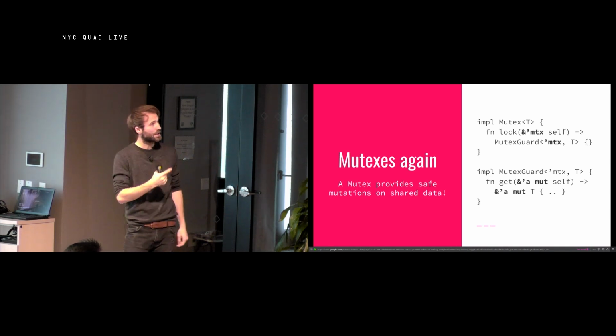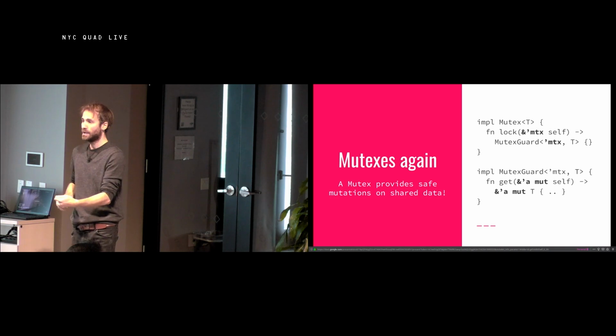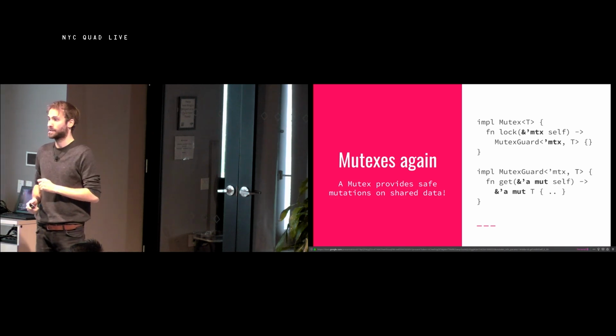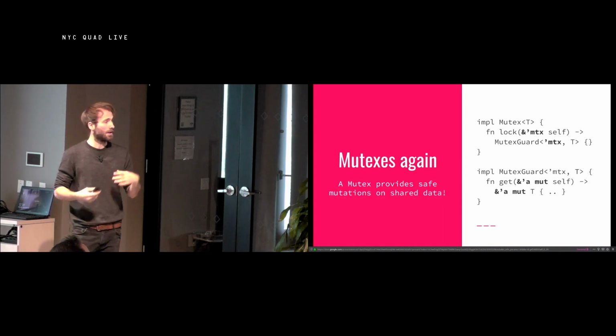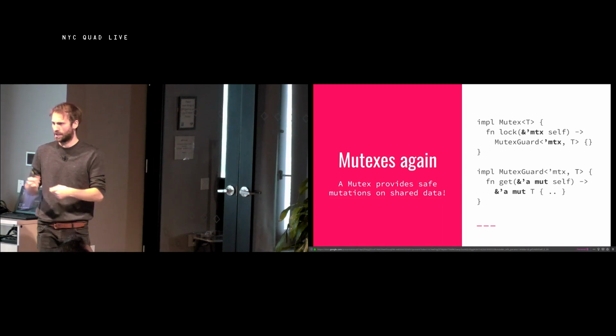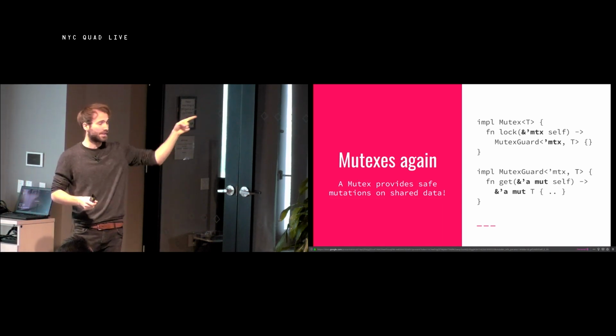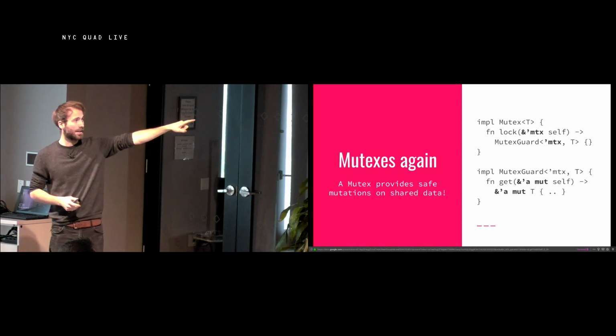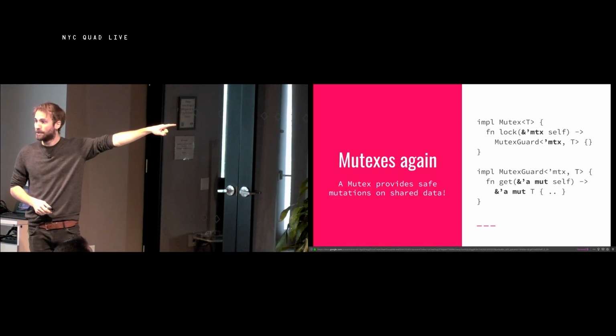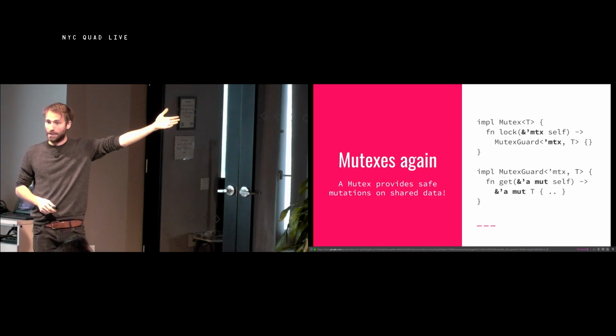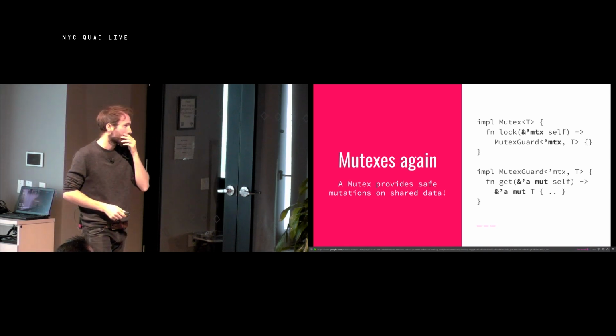And what this is giving us is mutable access to a T through a shared reference to the mutex. And it does this by mutual exclusion, right? Internally, the mutex knows that as long as it does its bookkeeping right, this is safe to do. Because no one else is going to have a mutable reference to that T, because they wouldn't have the lock. They wouldn't have the credential, therefore they can't access the T.